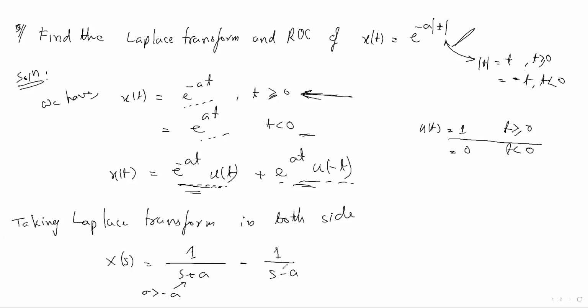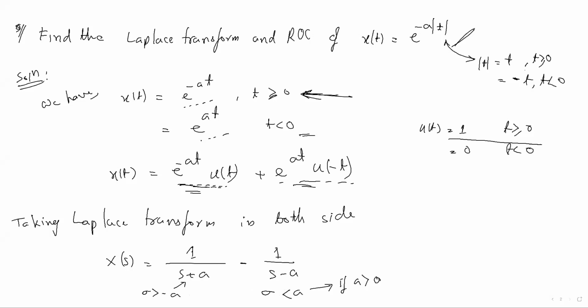And for this, what is it? For this, sigma less than a. Okay, but this condition is fulfilled only if a is greater than 0. Okay, if a is greater than 0, then only this condition will be fulfilled.